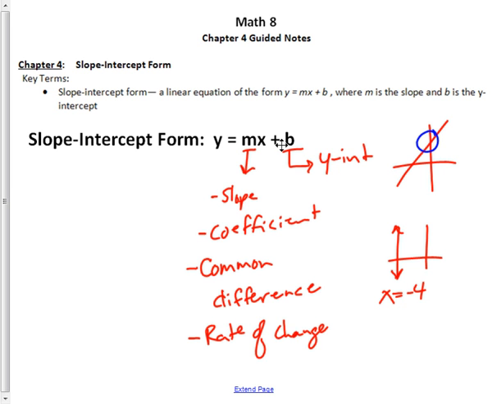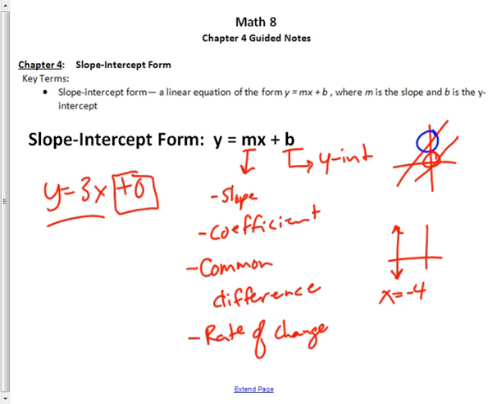Now it is possible that the line goes right through the origin, and if it goes through the origin, then your y-intercept would be 0, and you wouldn't necessarily have a b. So you could say y equals 3x, and you wouldn't have to write plus 0 because this part here you wouldn't need.